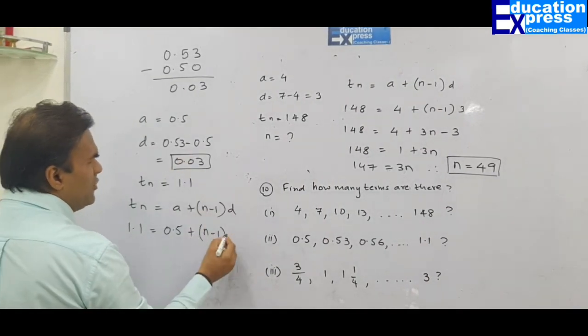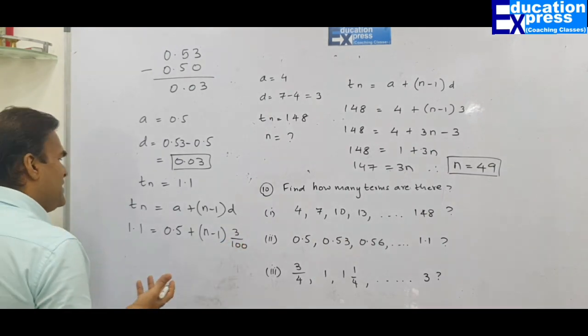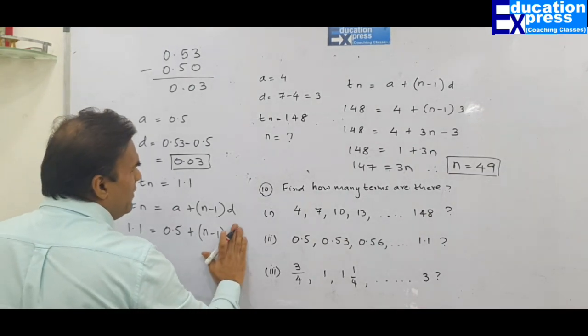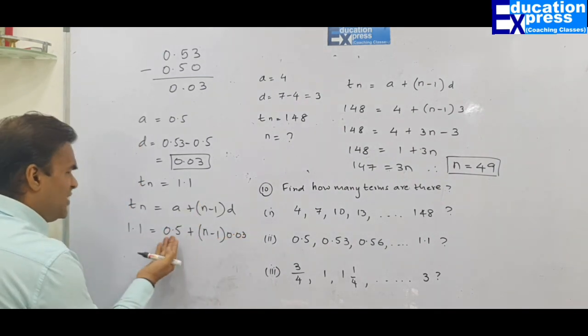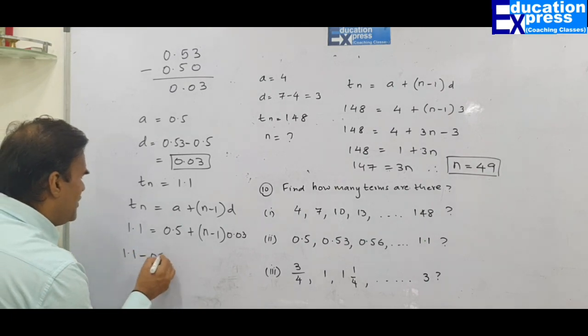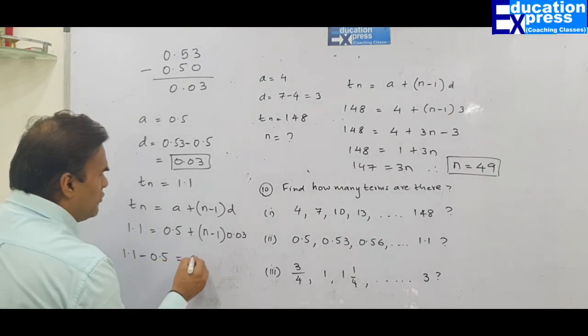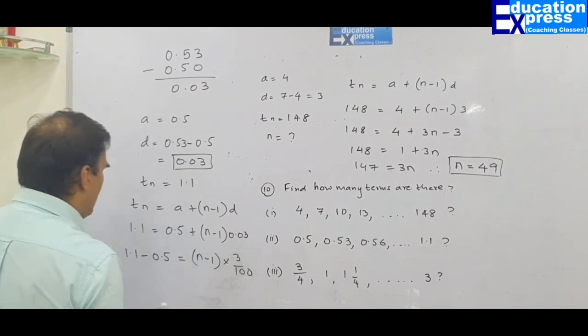It is 0.03. Can I write it as 3 upon 100? Of course, yes. Or if you are not comfortable, you can simply write 0.03. So this 0.5 can be shifted to this side: 1.1 minus 0.5 equals (n minus 1) into 3 upon 100.